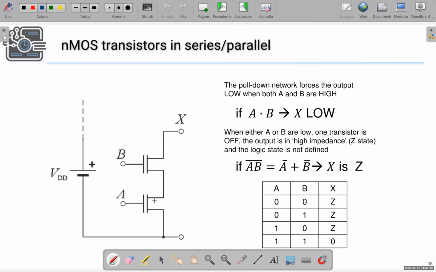If we have two NMOS devices in series, as shown here, which are driven by digital gate signals A and B, we can say that this pull-down network effectively connects the output X to ground if and only if both A and B are high.